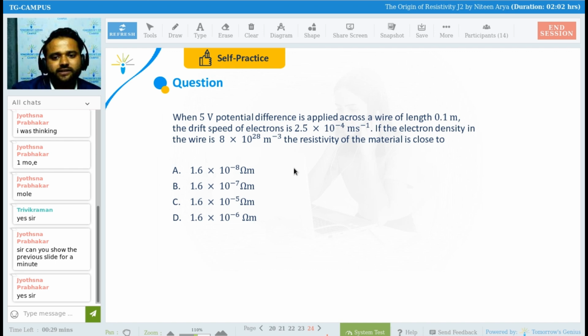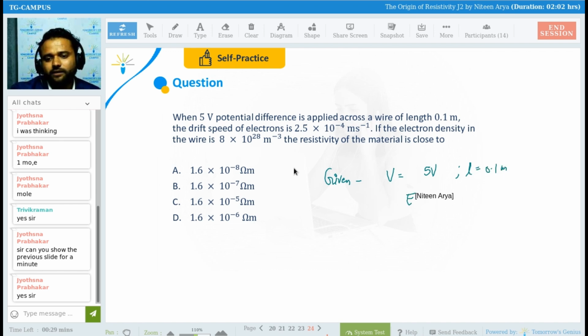See, whenever you face this kind of question, just write down what is given and then think in your mind about what we have. We have the potential difference, 5 volt, right? And then we have the length also, 0.1 meter.